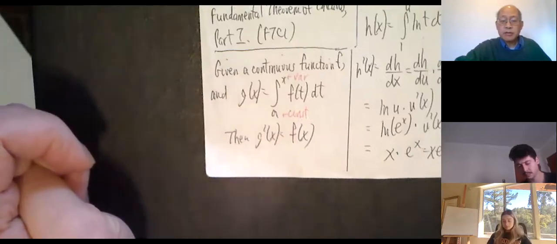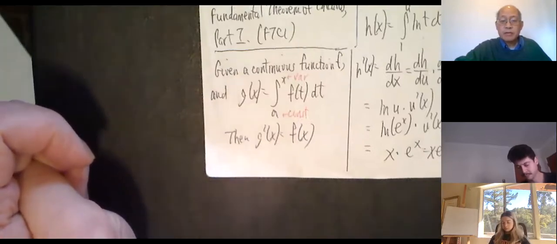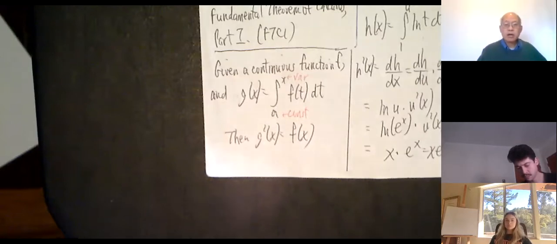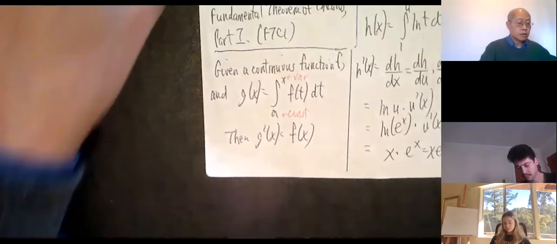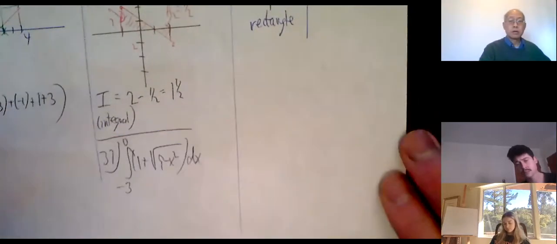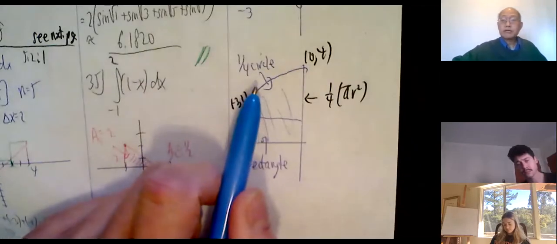Let's see, for number 37, 3 plus, put in the back of the book. Well, I have to see what we're talking about. Oh yeah, the one that I worked on. Okay, so the answer to 37. All right, so we have this region right here, right?